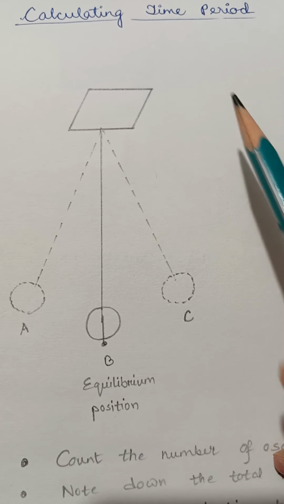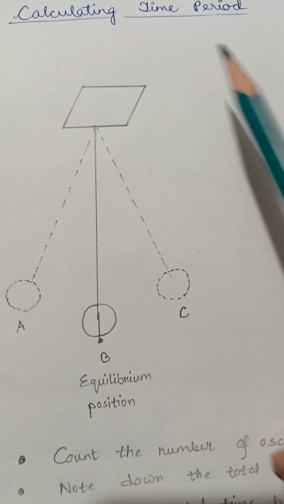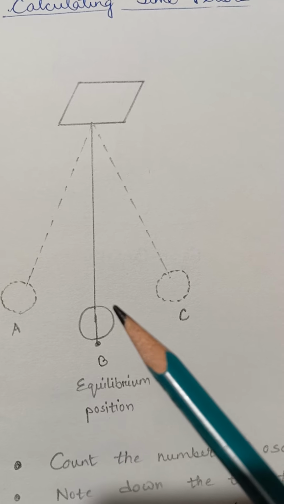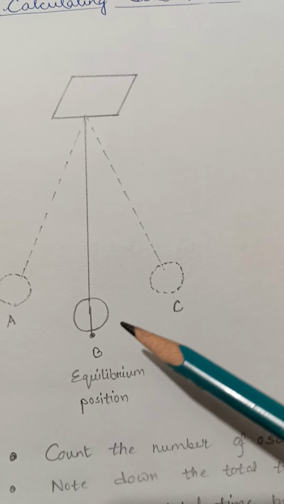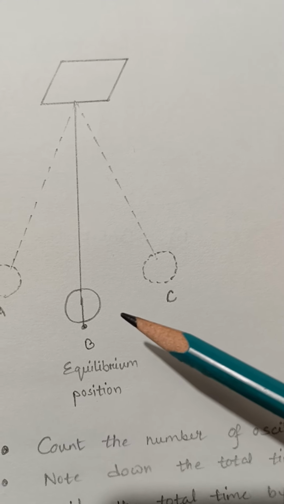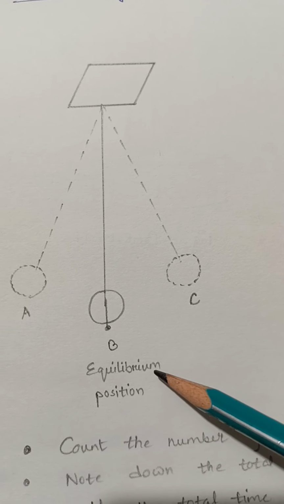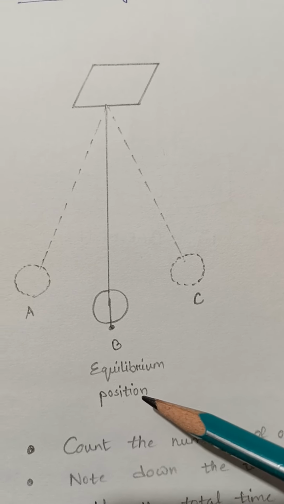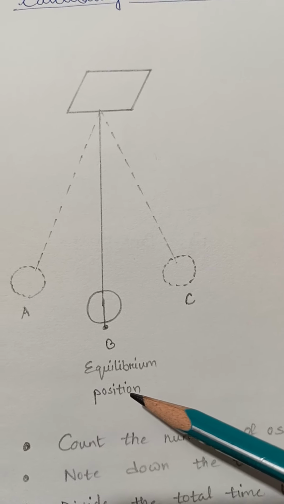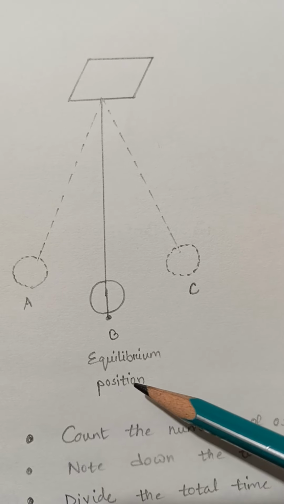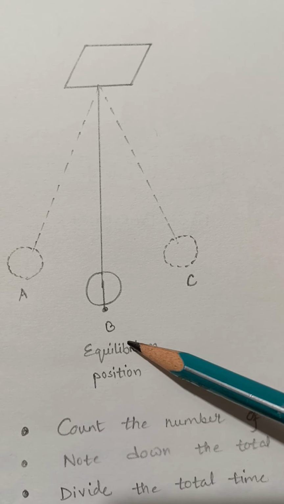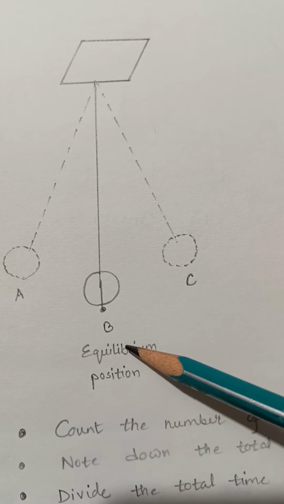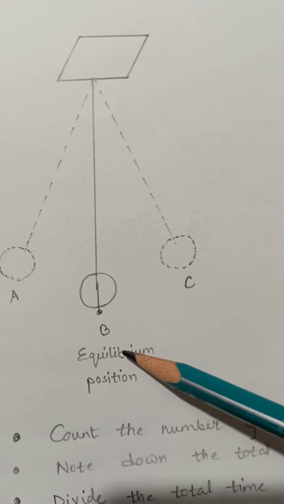So, how do we calculate the time period of a pendulum? From the previous class, what is equilibrium position, and what is time period? Yes, equilibrium position is that position where the pendulum is at rest.